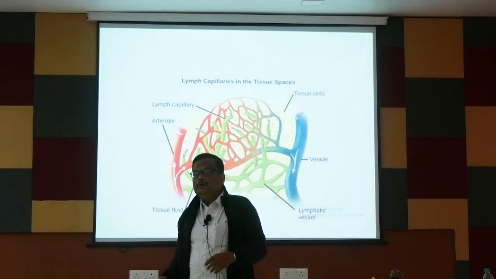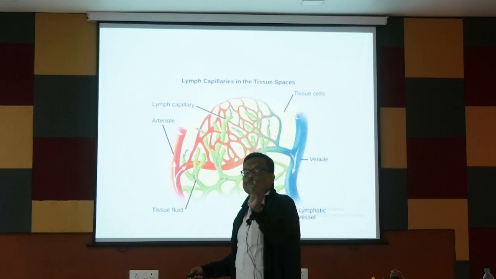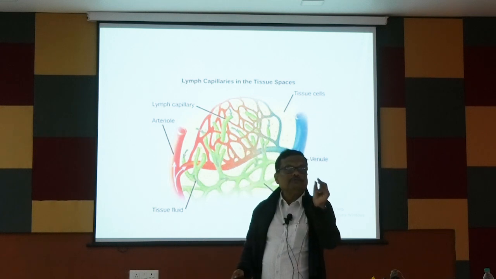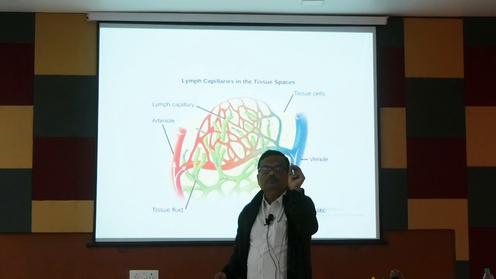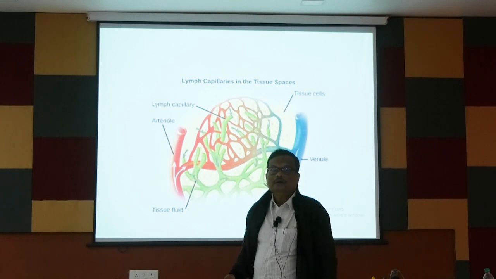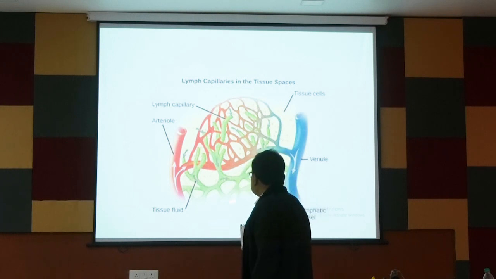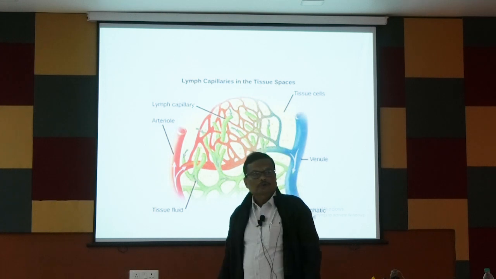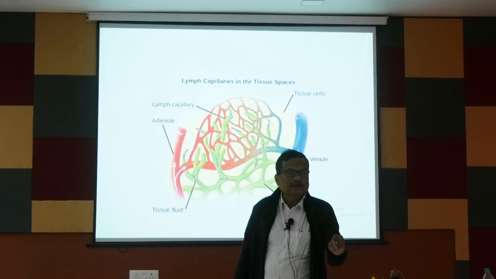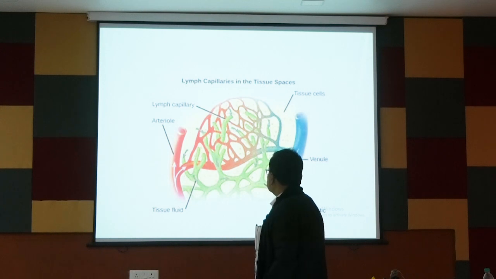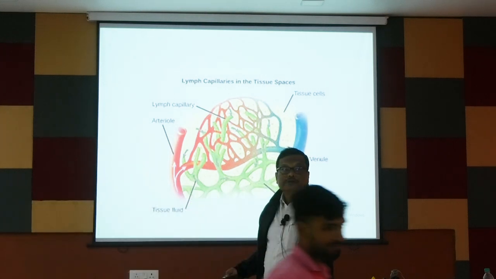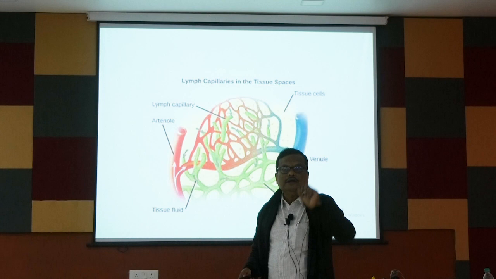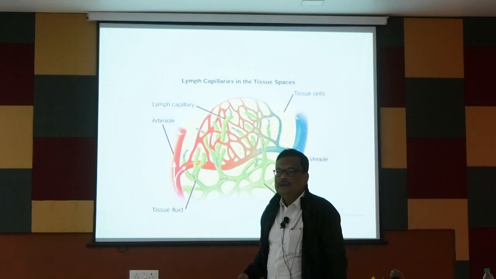For example, tissues produce some products whose molecular weight or volume is much larger. It cannot enter the venous system. It gets accumulated in this space, because its diameter is larger, its molecular weight is larger.